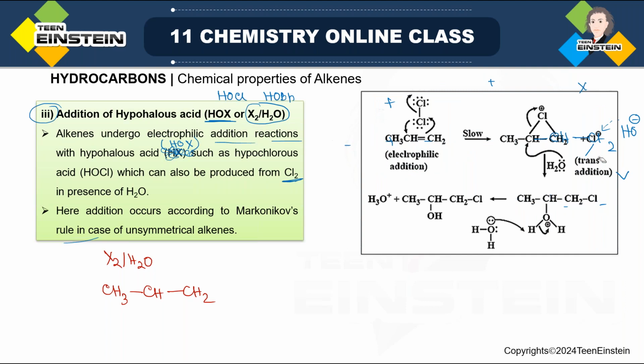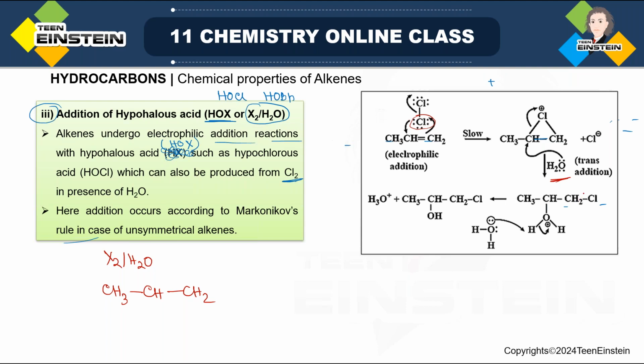So now we have taken chlorine in the presence of water. The first addition is electrophilic addition, where one chlorine part from the chlorine molecule acts as E+, that is the electrophile. This step is slow, and once this cyclic halonium, or better to say chloronium ion, is formed, water will attack from the opposite side.